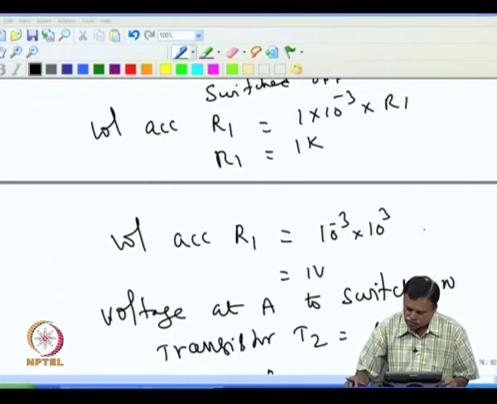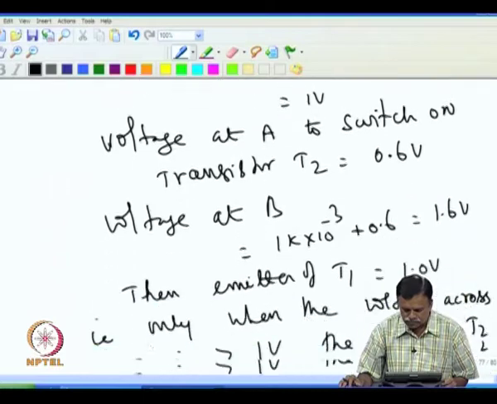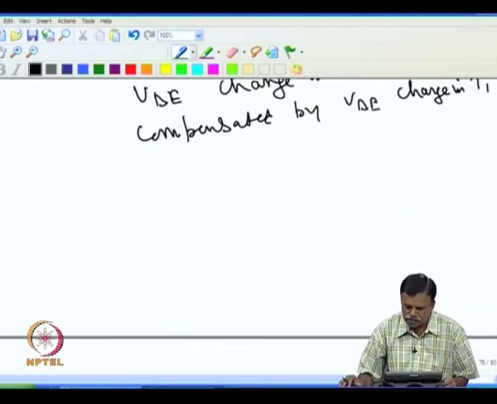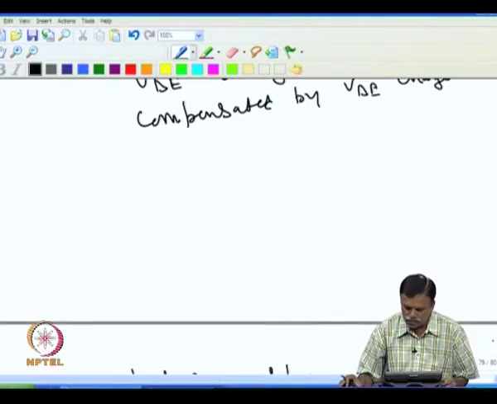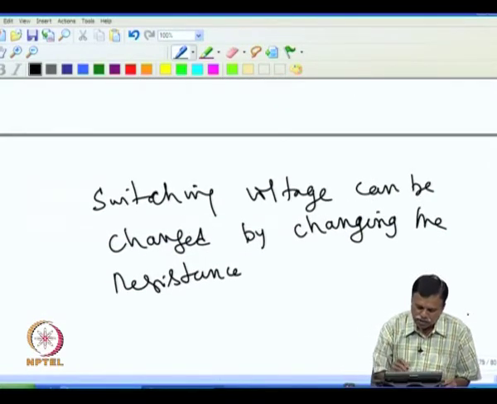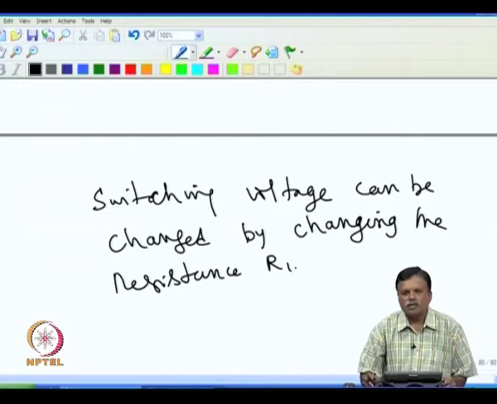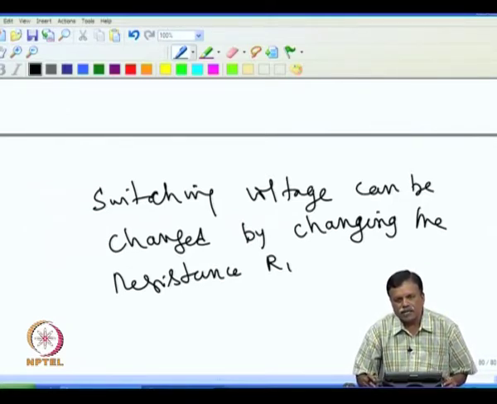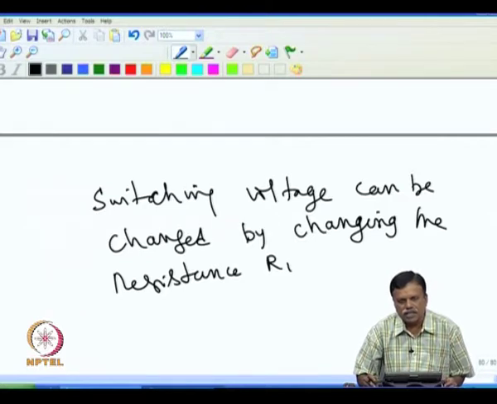So, the switching voltage can be changed by changing the resistance R1. So, the transistor can be used easily as a comparator to switch at the required voltage, and that is insensitive to temperature change.